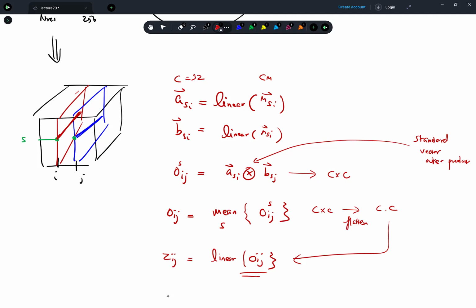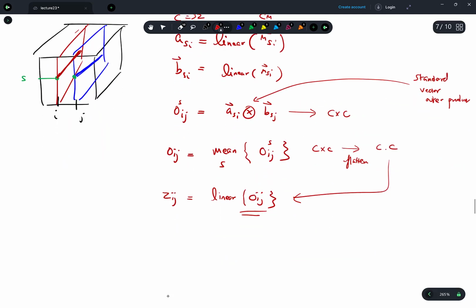Now I take this, and of course they do add it to the old one, but this is the key part. This is kind of like an update, if you will. So this is a new pairwise, and you get a new Z tensor. And by the way, this linear is still back to the CZ space.